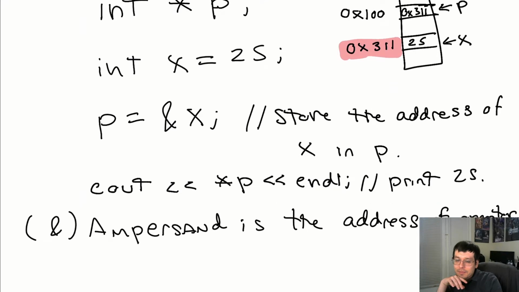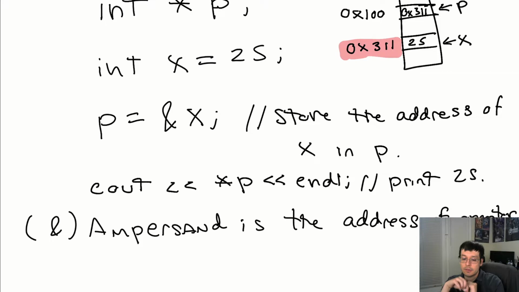So when I say cout and I use the dereferencing operator, I am dereferencing pointer P. Dereferencing is like unwrapping or unwinding where P is pointing to. So in other words, I'm saying, get me the contents of whatever P is pointing to.